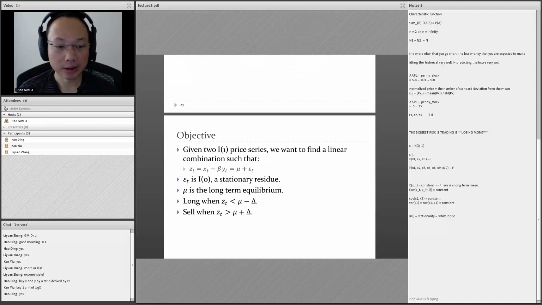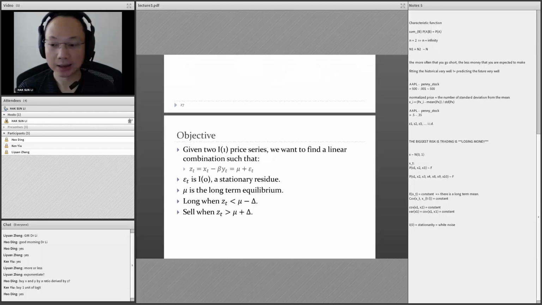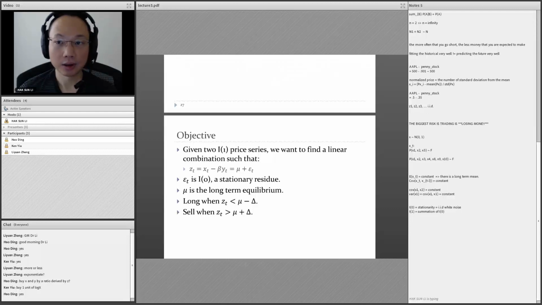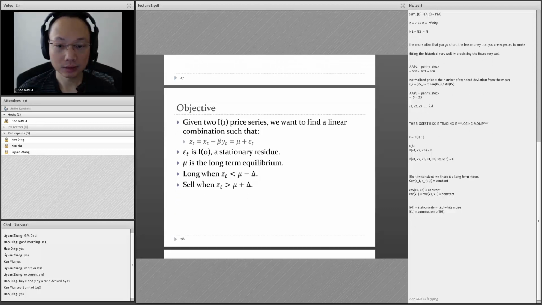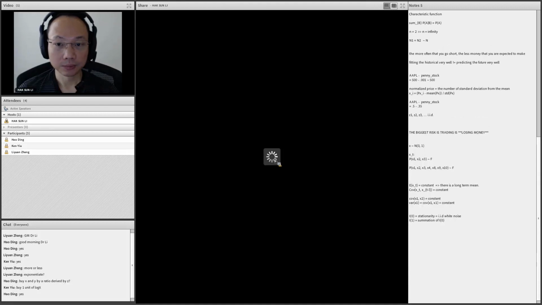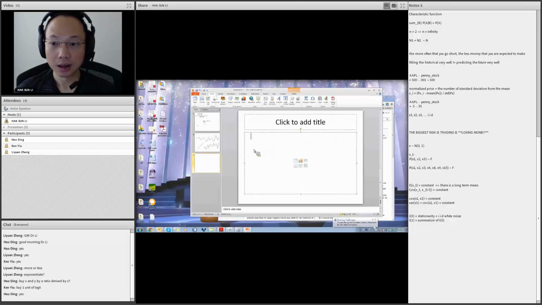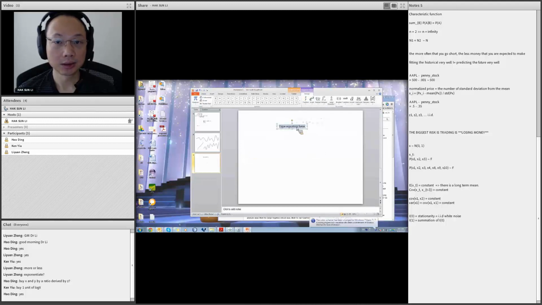So by definition, I0 means stationarity because I0 is just white noise, say IID white noise. I1 just means a summation of an I0 time series. So we can write this down mathematically. I0 is just a random noise like epsilon_t.